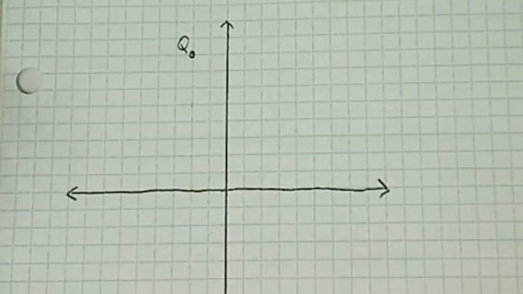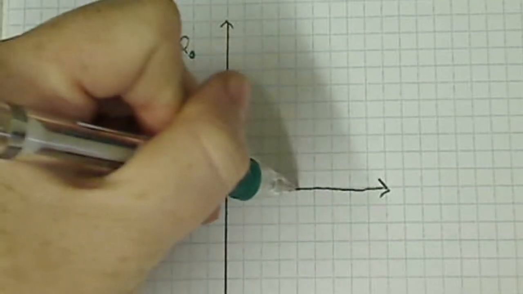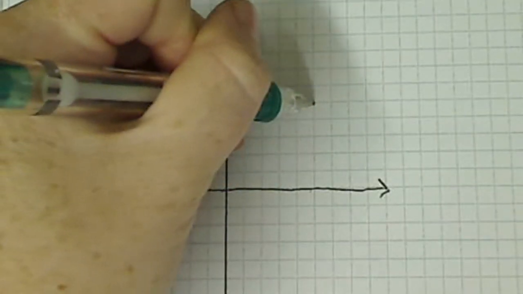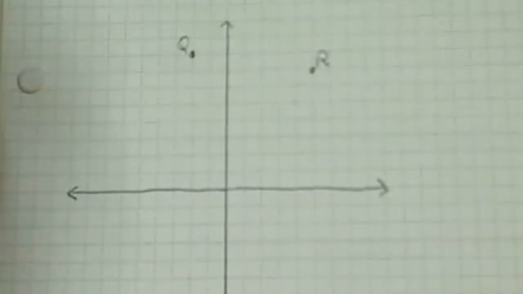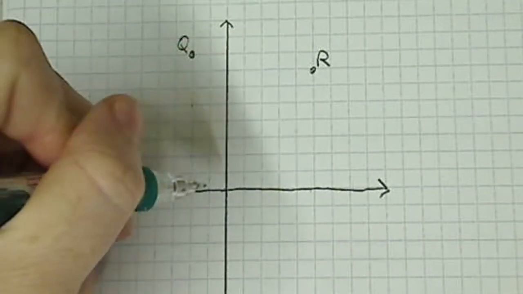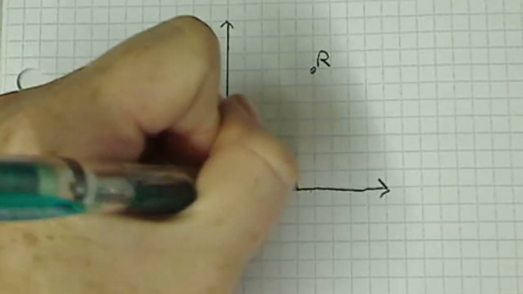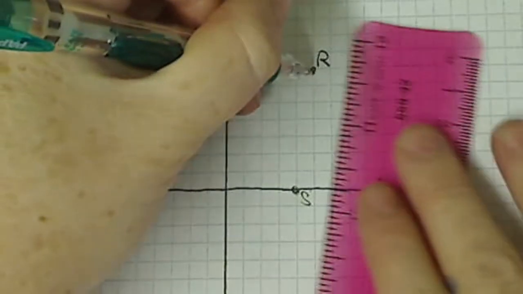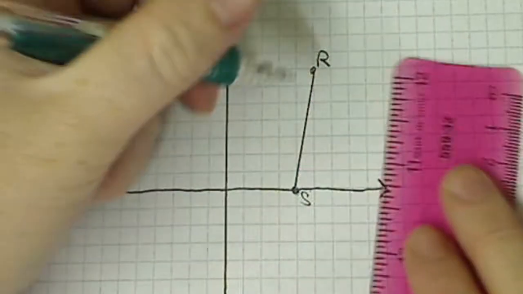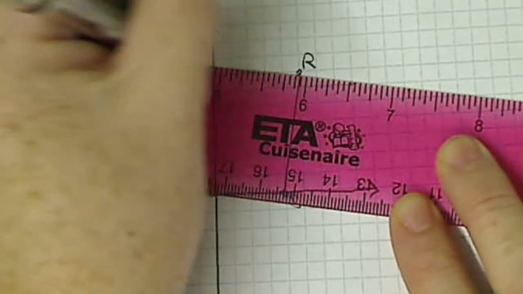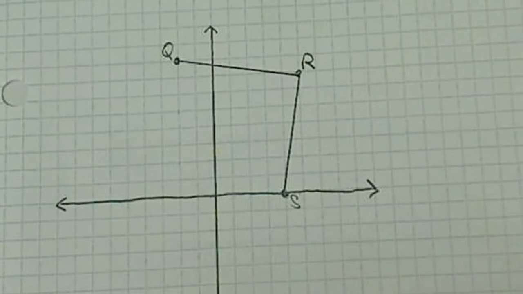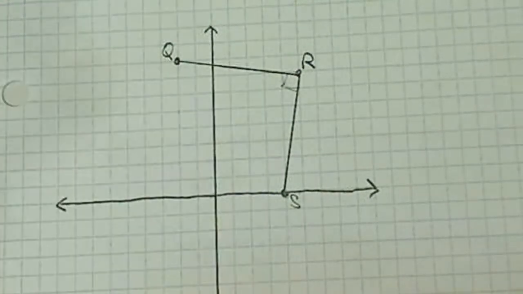We've got R at 5, 7. S is at 4, 0. We want to find the coordinates of P. So remember, a square means that all my sides are equal, but they also have right angles.